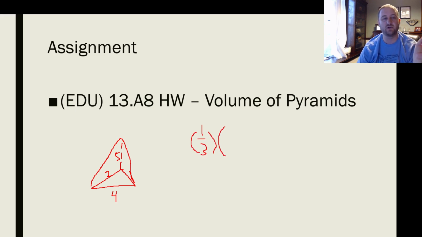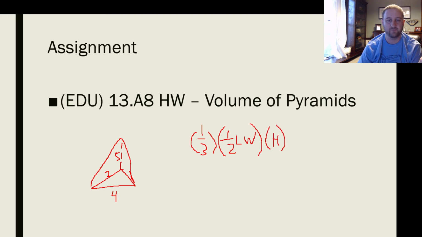times, now we want to use our triangular base, so it's going to be 1/2 length times width, and then we take that times the height. So we're going to do 1/3 times 1/2 times our length, we can say that's 4, we can say our width is 2, and then times our height of 5.